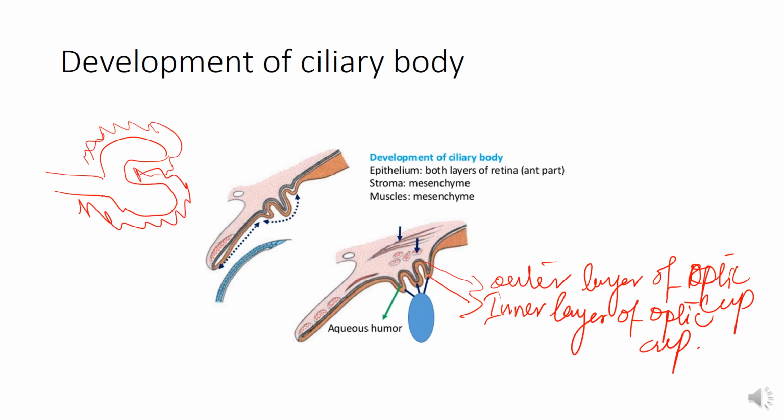So the mesodermal lining in this part will give rise to the ciliary muscles and the stroma.